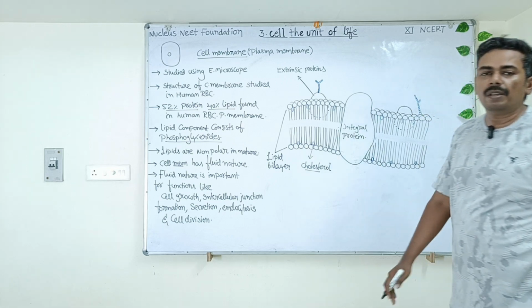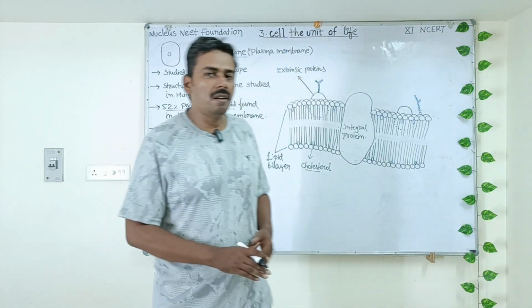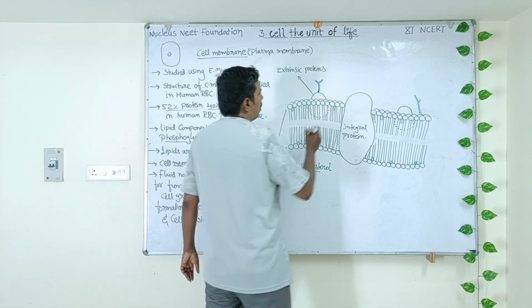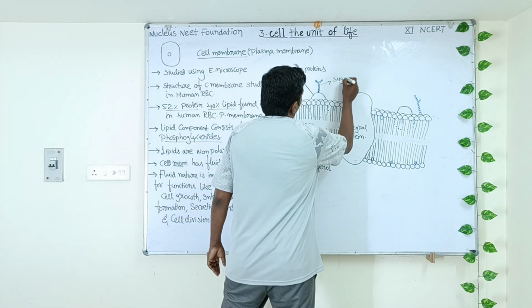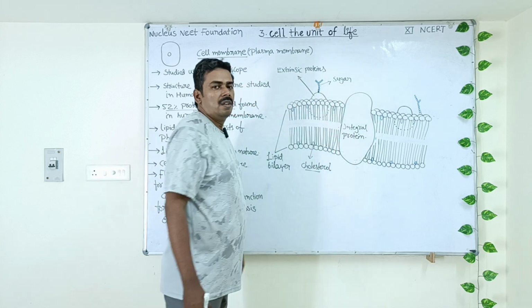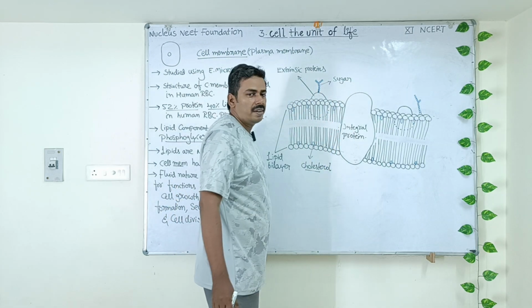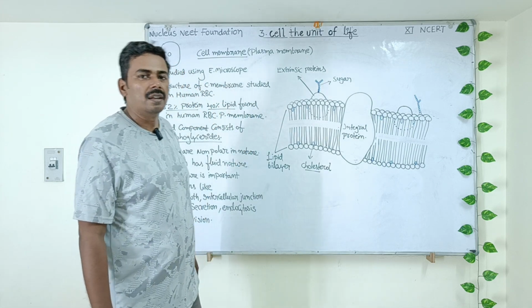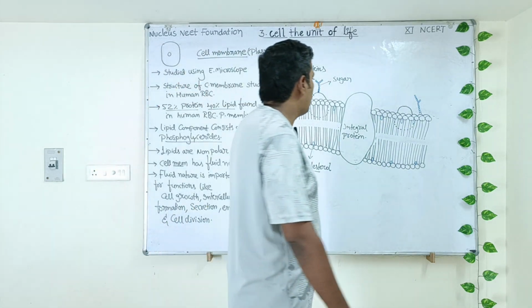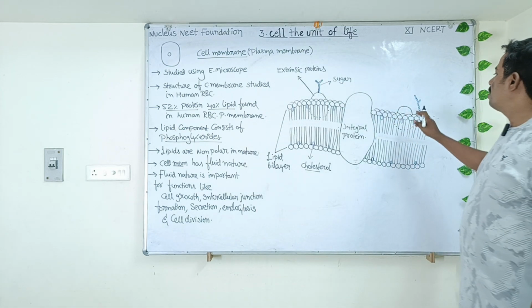Next, coming to the carbohydrate component. The carbohydrate component consists of sugar molecules. So this is a sugar molecule. When the sugar molecule is attached to the protein, you can call that protein a glycoprotein. Here you can see this protein does not have any sugar molecule.